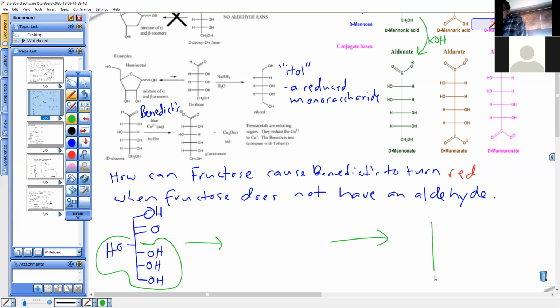And what happens is that sugar becomes this. I put that as a squiggle because it can be on the right or the left. And Cu2O is produced as well.